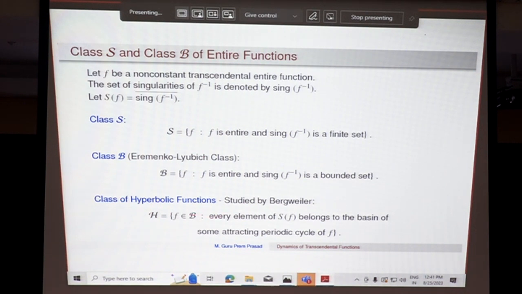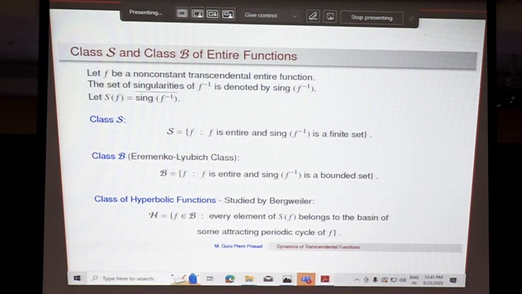Because the number of singular values is finite, tracing the forward orbits of these finitely many singular values is somewhat easier. It is not always true, but you can somewhat track it. If it is bounded, then depending on the mapping property of F, where this bounded set gets mapped, etc., we can do it. But when these sets are unbounded, the dynamical study becomes highly complicated.